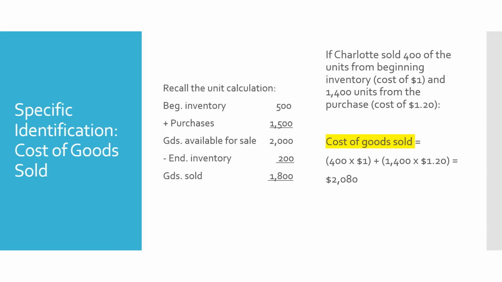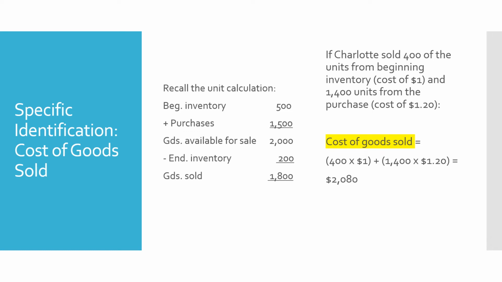So recalling our unit calculation, we had 500 units in beginning inventory. We paid $1 for each of those. And so we sold, under specific identification, 400 of those.